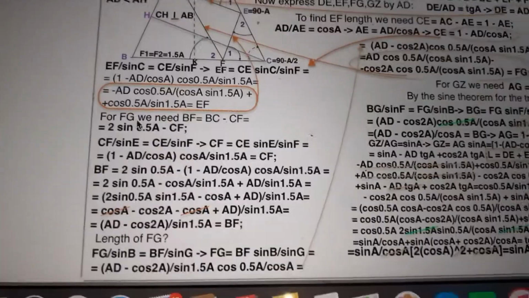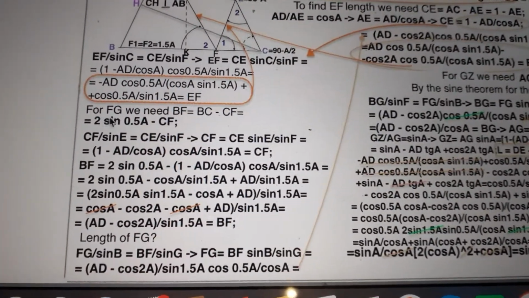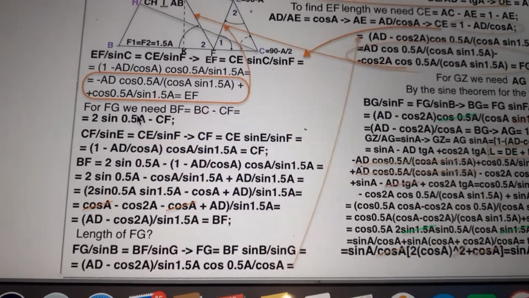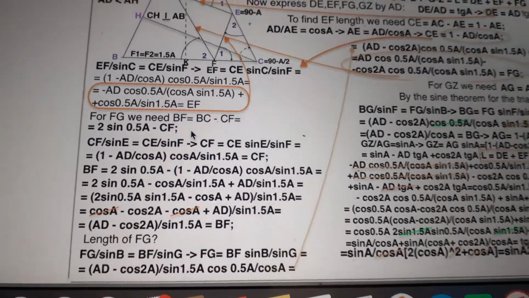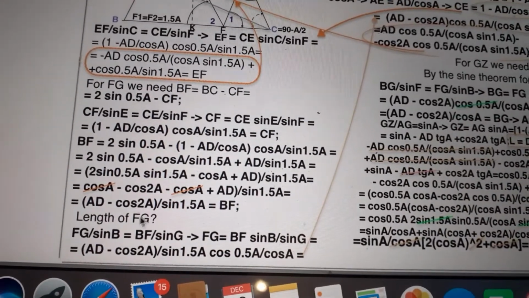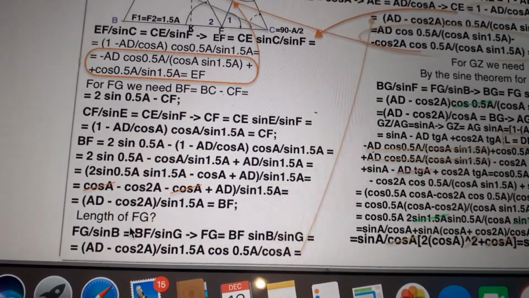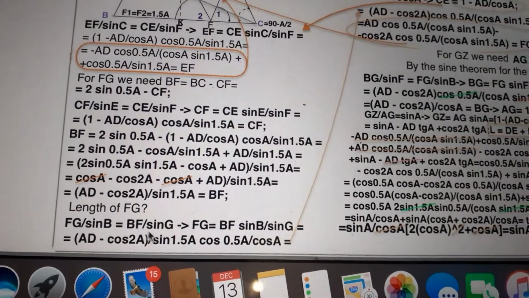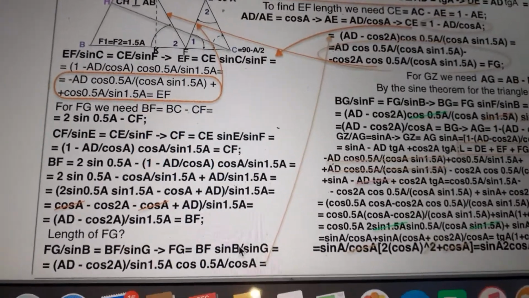And after this we need to calculate FG, and it is not so difficult. Length of FG, and we get it here.